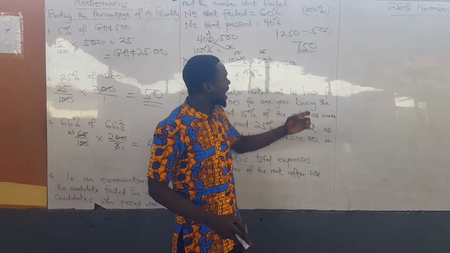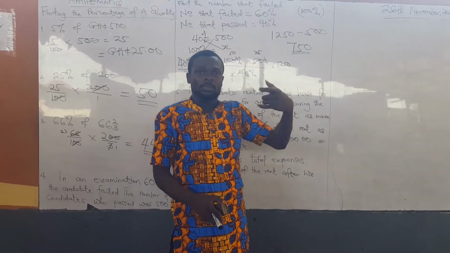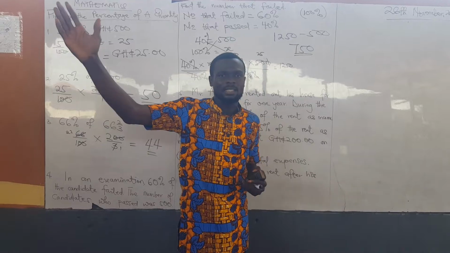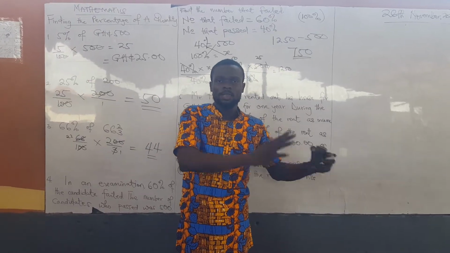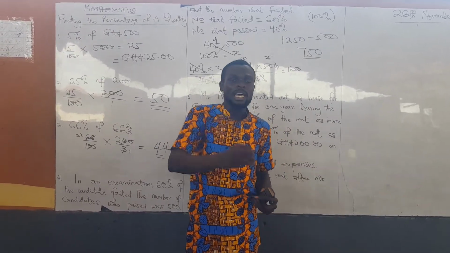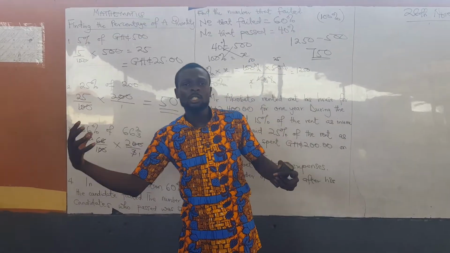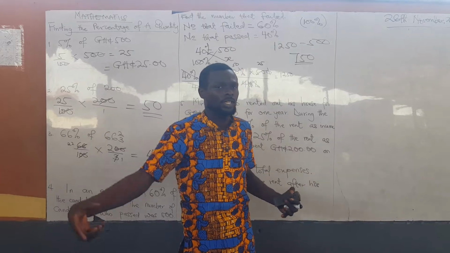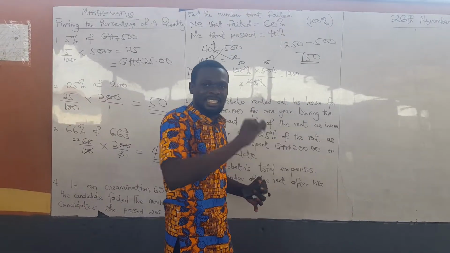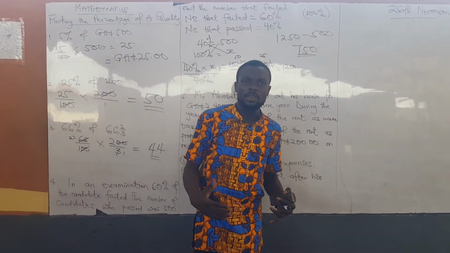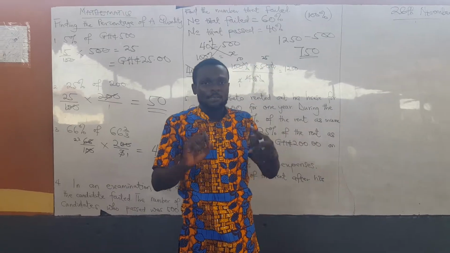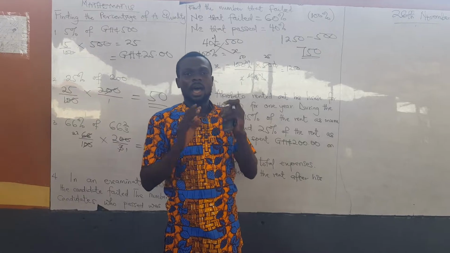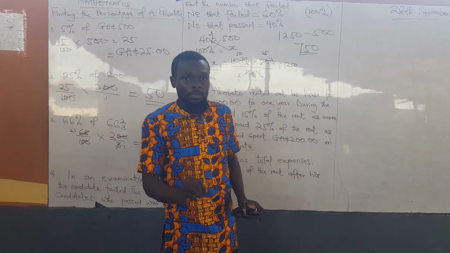Out of this 1250, 500 of them passed and the rest failed. So to get the number that failed, we subtract 500 from 1250, which gives us 750. Therefore, the number of students that failed is 750.